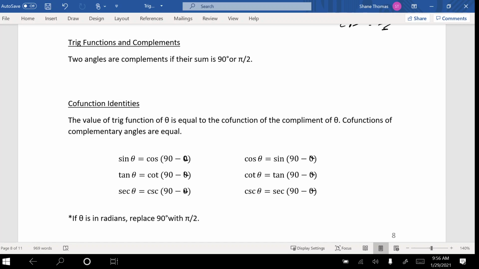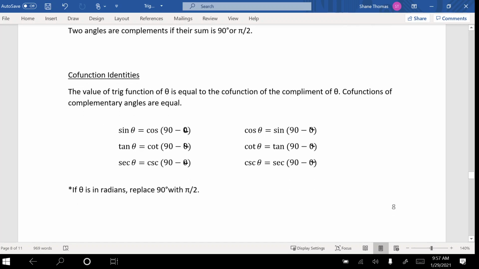I think it auto-corrected. So just make sure that those 2 things are switched in your notes. But the value of a trig function is equal to the cofunction of the complement of theta. Cofunctions of complementary angles are equal. We just saw that in the 30, 60, 90. All right. And anytime you have something that's in radians instead of 90, you just put pi over 2 in there. All right, so we're going to find a couple cofunctions here.